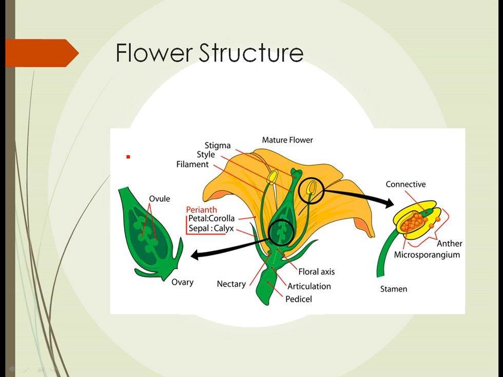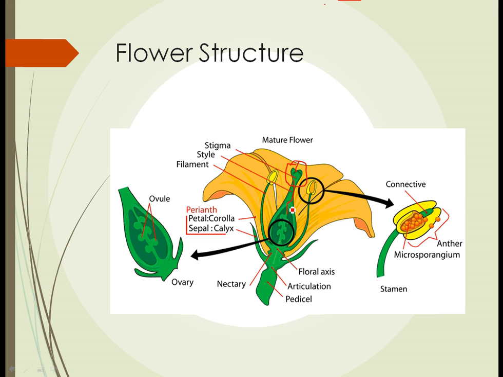This diagram of flower structure shows a perfect flower. The female parts of the flower are contained in this central structure. The stigma, which is this tip of the female structure. The style, which is the supporting area of the female structure.